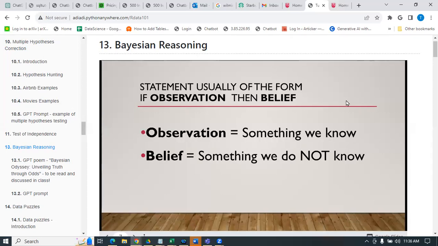In general, we have to identify two components of any statement we want to take on as a Bayesian reasoning task: observation and belief. Observation is something we know, we observe. Belief is something we do not know. It's a probabilistic concept. Observation is not.